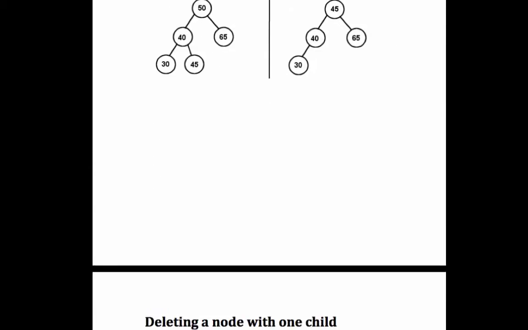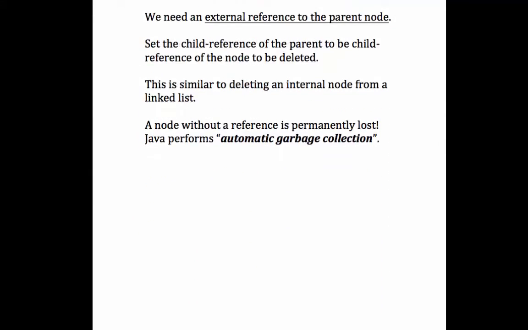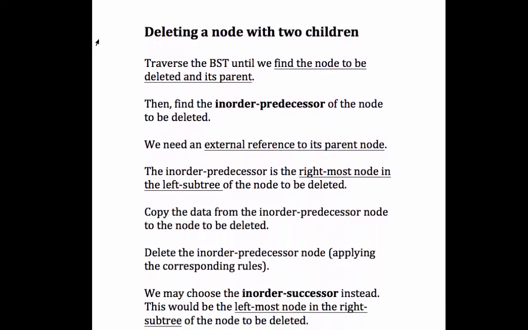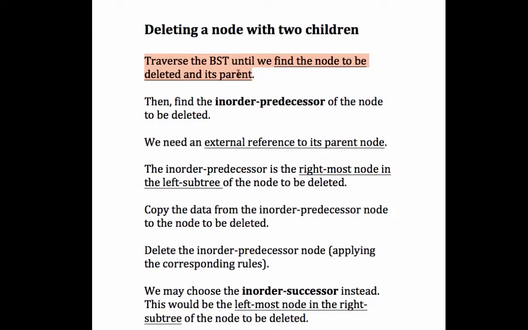So the process to delete a node that has 2 children starts with the first step, as usual, which is to traverse the binary search tree, trying to find a match and its parent. Then we need to find what is called the in-order predecessor.